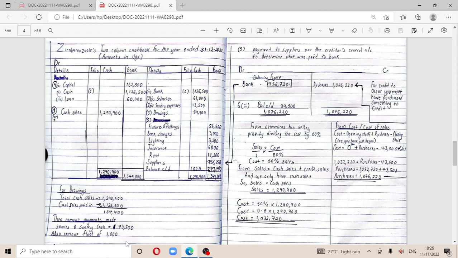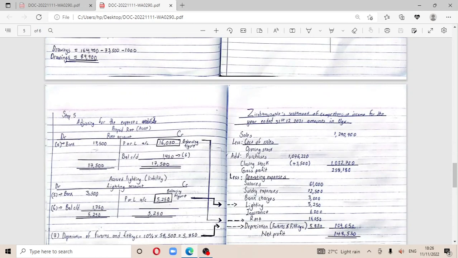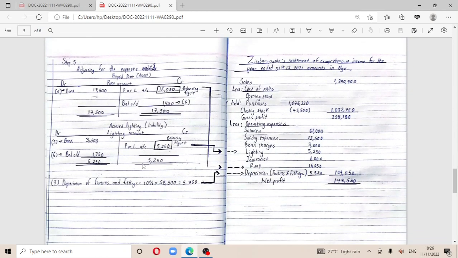You realize that this side will be more, so you put this figure here and this figure right here, and then the balancing figure of this credit side will be 1,000, and the balancing figure of this side will be 273,780, and that is the balancing figure on bank. So having done that, you go to step 5.